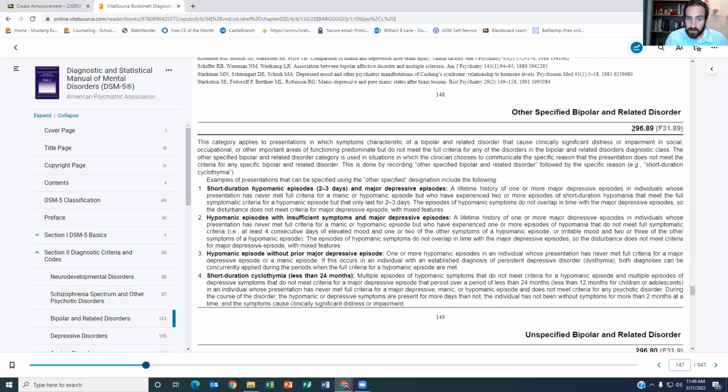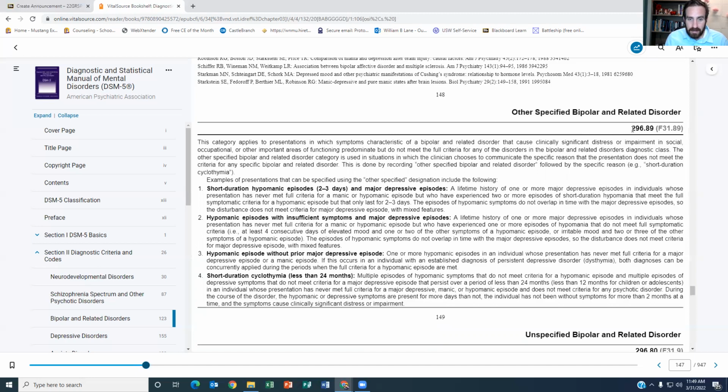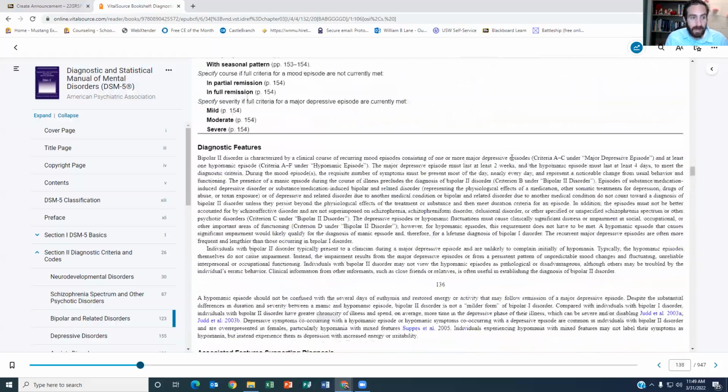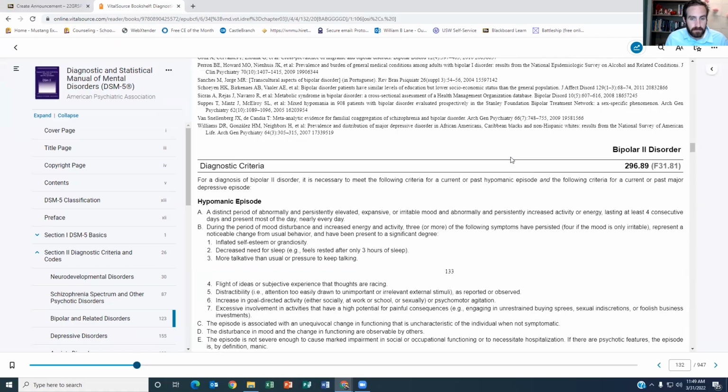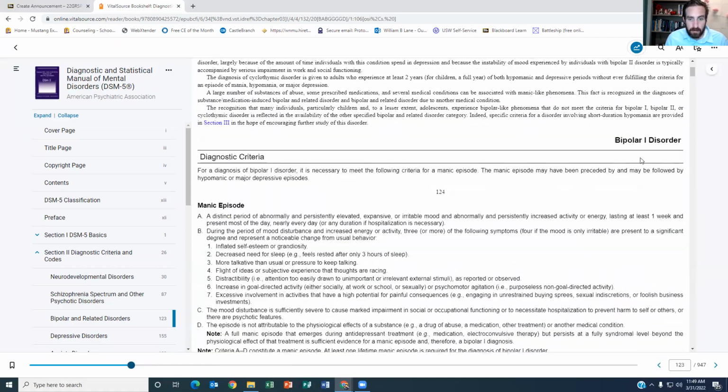And again, as you will know, this other specified bipolar related disorder has the revision 9 code and the revision 10 code right there, which is different from bipolar 1 disorder. If we go back up to bipolar 1 disorder, you'll see, oh, there's no codes there.